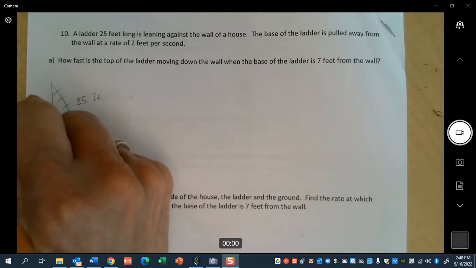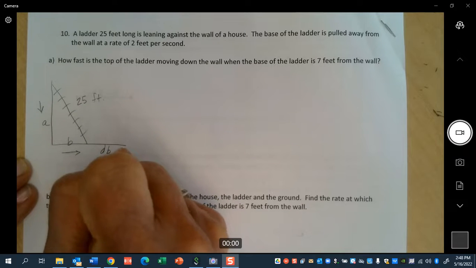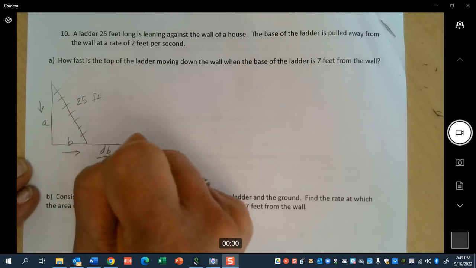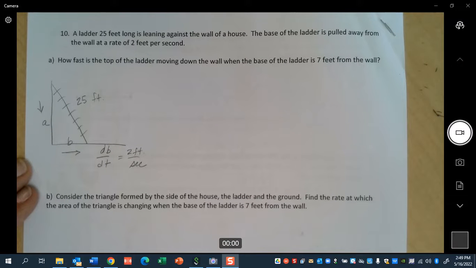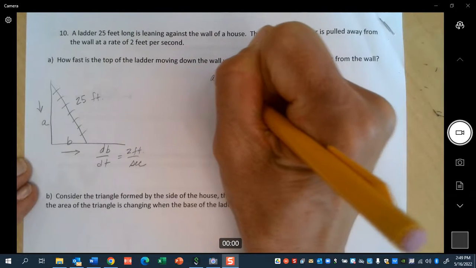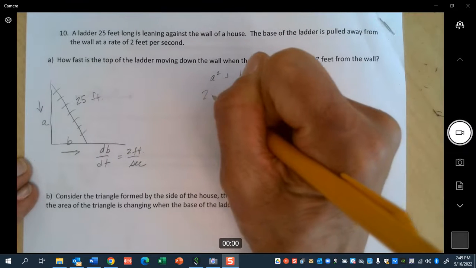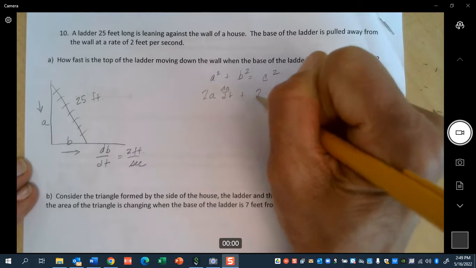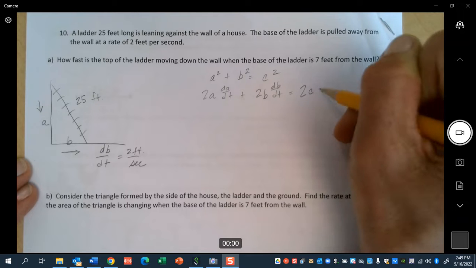If I call this a and this b, I know that the change in b with respect to time, dB/dt, my rate that it's being pulled away from the house, is 2 feet per second. Every time that you take the derivative of the Pythagorean theorem, you get less patient with it.